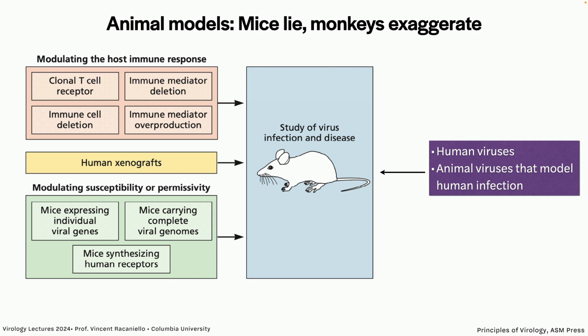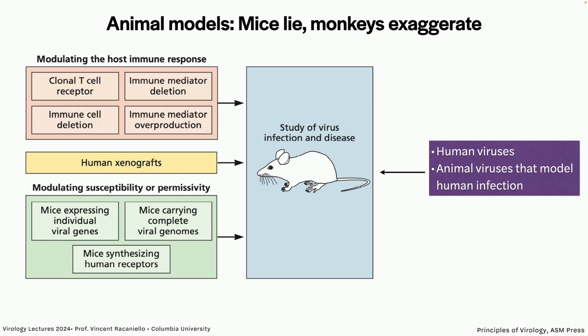So that's the right side of the slide. But on the left side is we can genetically alter mice to make them susceptible to infection. So we can modulate the immune response, because sometimes immune response is what is limiting infection. So we can put clonal T-cell receptors in, we can delete T cells or B cells or interferon and so forth.